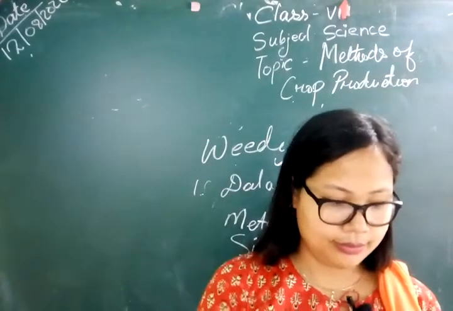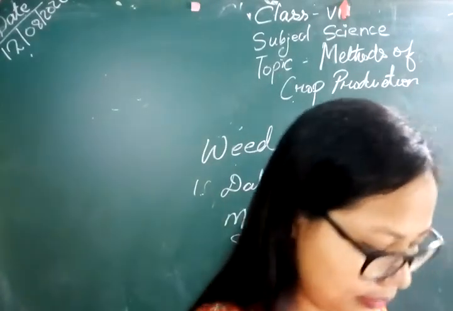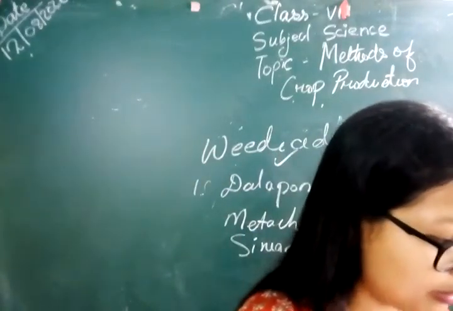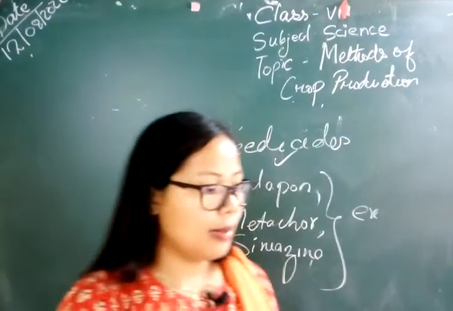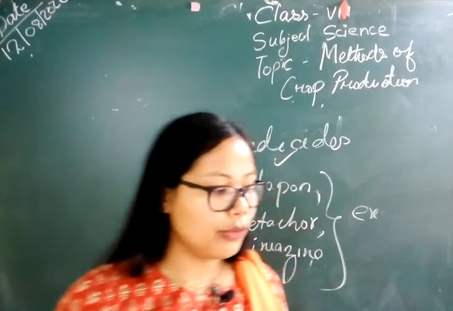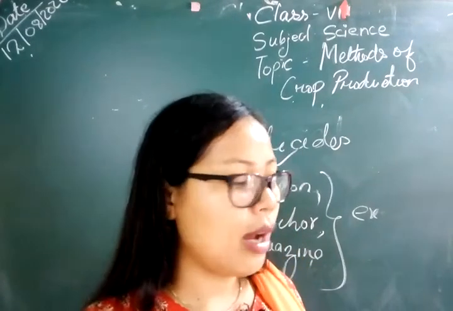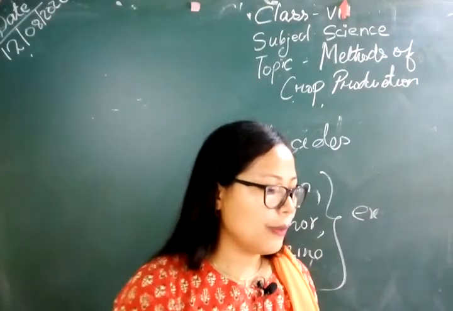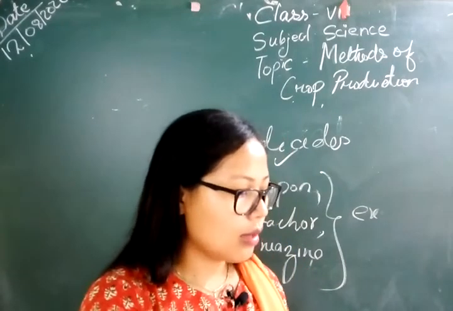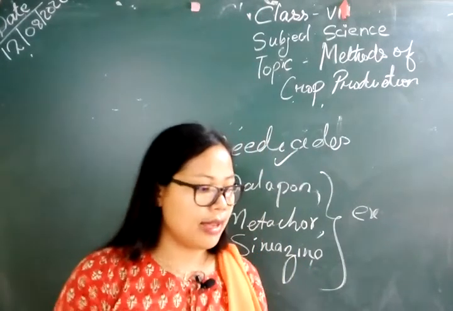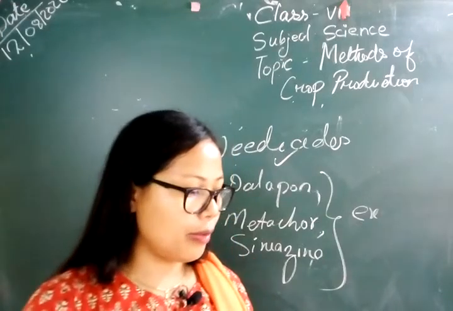As I have said, even though they have various advantages in removing the weeds, they are still quite harmful for crops. So pesticides are poisonous and the grains must be properly washed before being consumed.